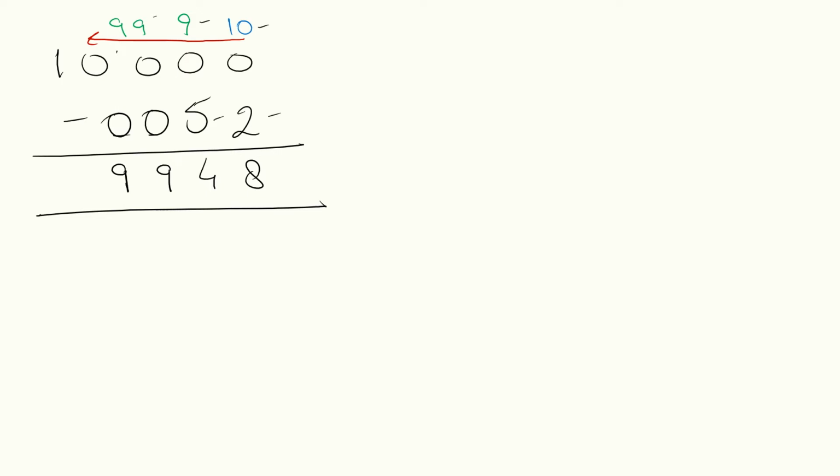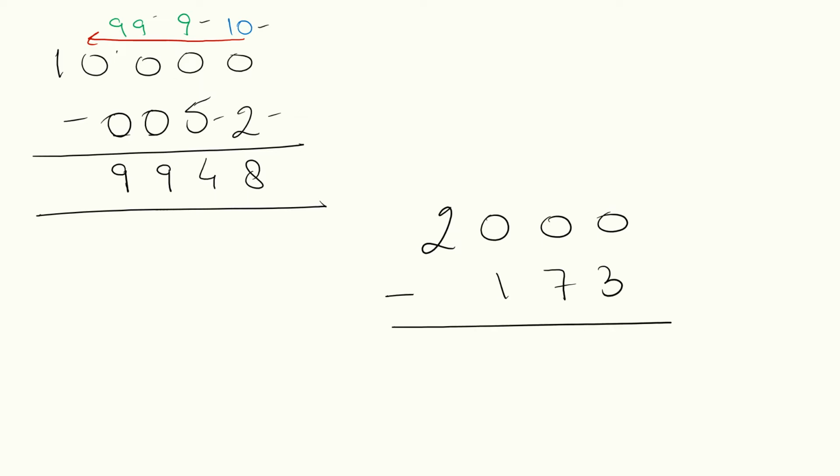Our second what if scenario is multiples. So here we have to solve 2,000 minus 173. Following our all from 9, last from 10 rule, we will subtract. So 10 minus 3 is 7, 9 minus 7 is 2, 9 minus 1 is 8.